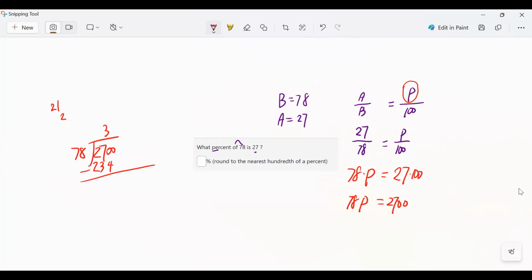Okay, we subtract: to do the 0 here, we borrow 1 from the 7, it becomes 6. 6 minus 3 is 3, right? Bring down the 0. Now 78 goes into 360 about 4 times. Right? You can do 78.